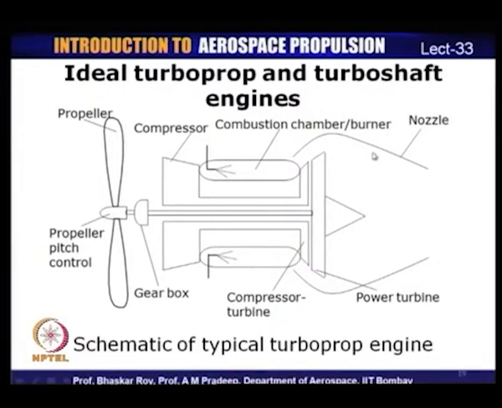And there is also a nozzle at the exhaust that is generating some amount of thrust. So, the power turbine exhausts through a nozzle, which also generates a certain amount of thrust. So, these are the different components of a turboprop engine, and it is very similar for a turbo shaft engine also.